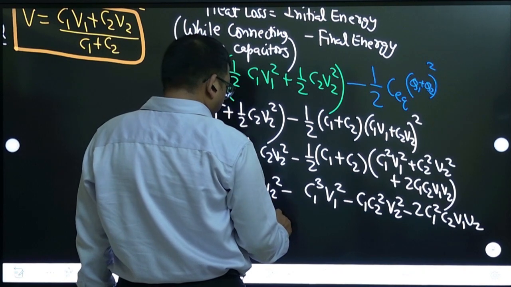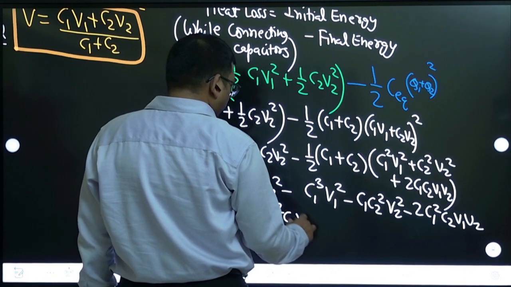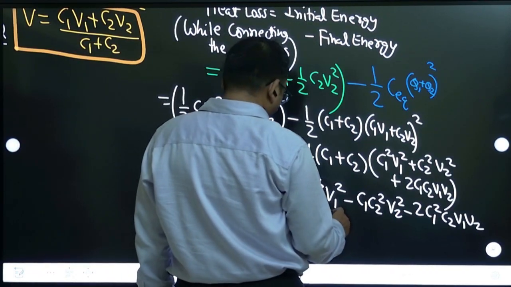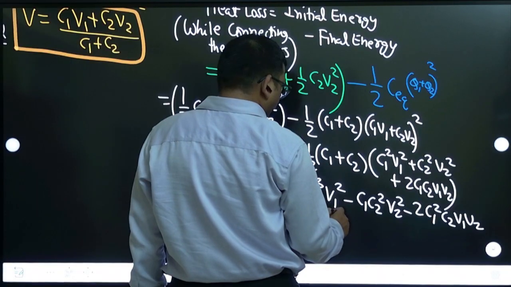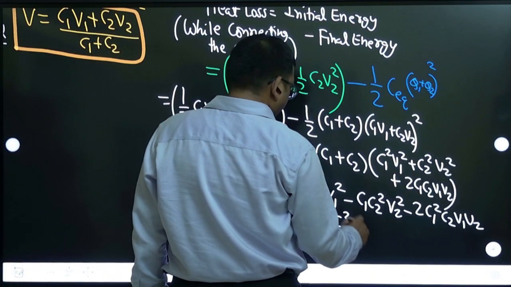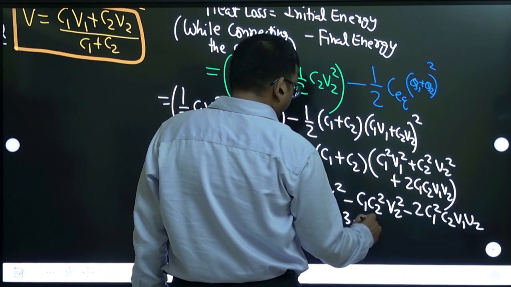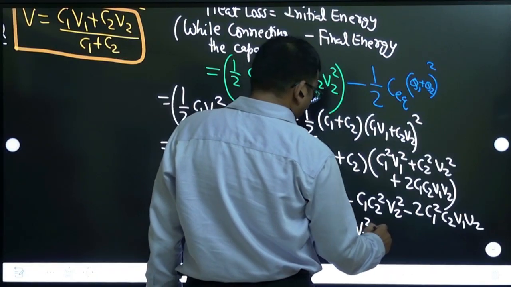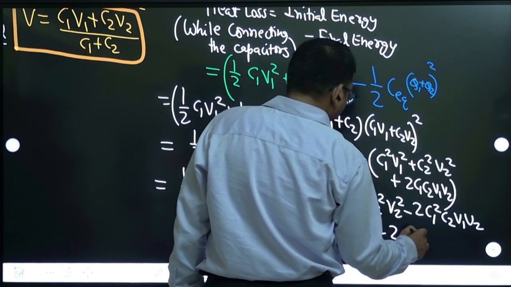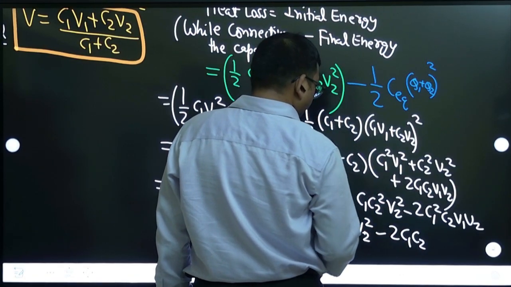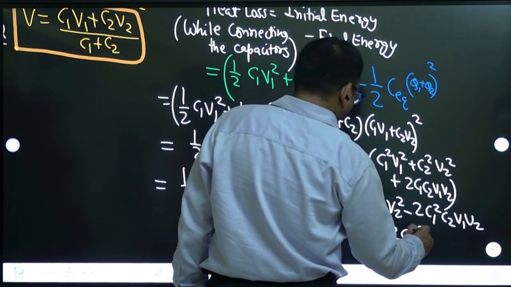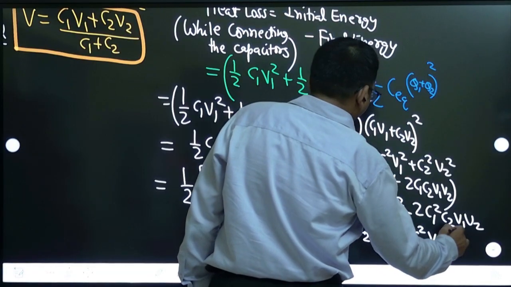Minus C1 square C2 V1 square minus C2 cube V2 square, minus 2 C1 square C2 square V1 V2.